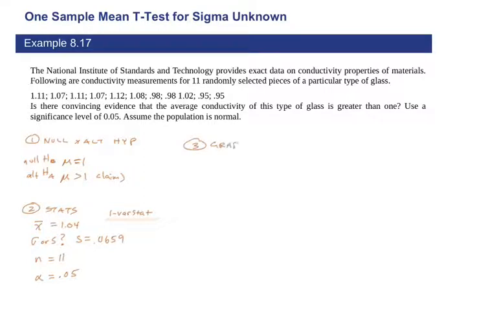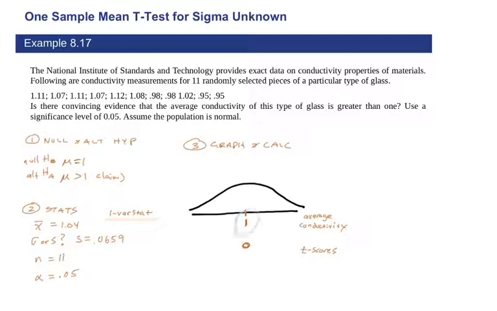Our third step, let's do our graph and our calculations here. We're talking averages in this case of conductivity, but we could also talk about this in terms of t-scores. Right in the middle, if we're talking conductivity, is going to be 1, because that's what we're comparing it to here.